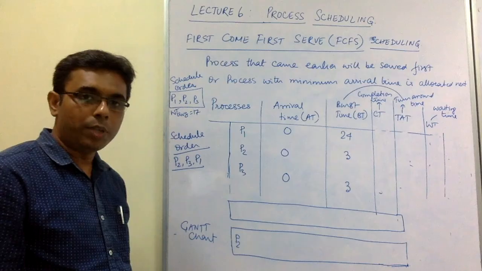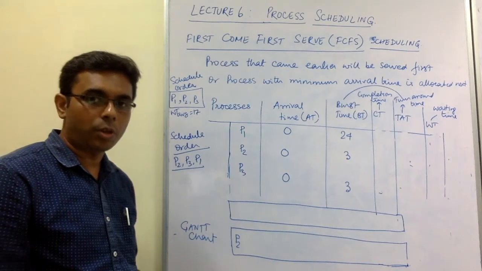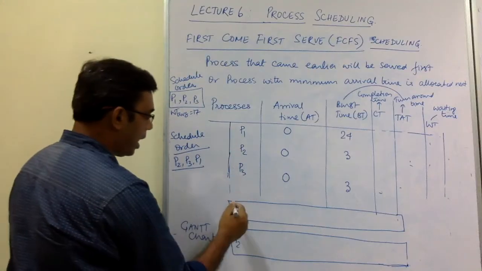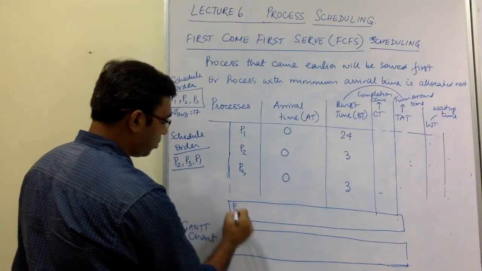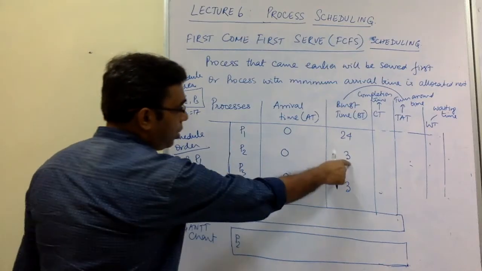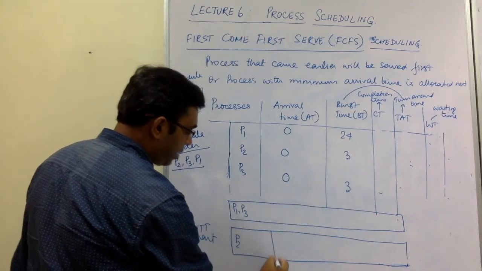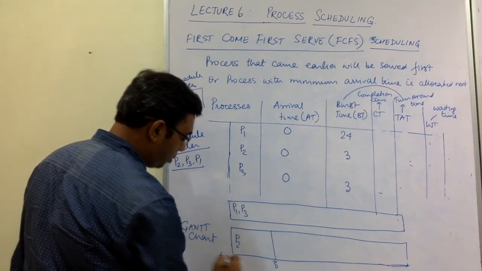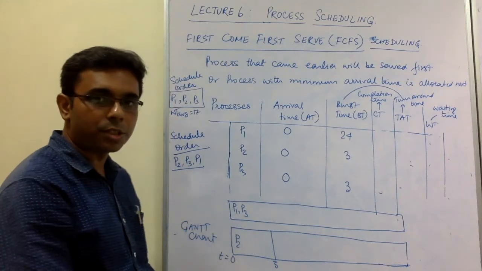Obviously P2 is executing, so the other two processes have also come, but they will be sitting in the ready queue. So P1 and P3 will be sitting in the ready queue. But P2 just takes 3 units of time. So P2 completes its execution at 3.